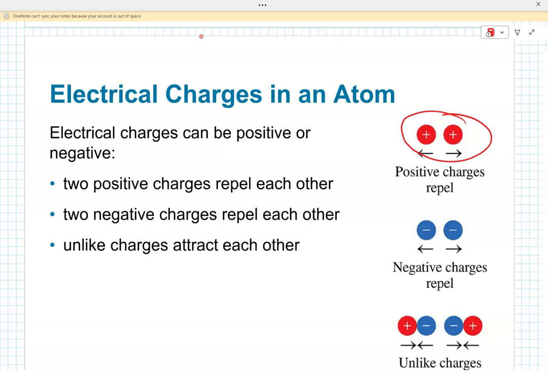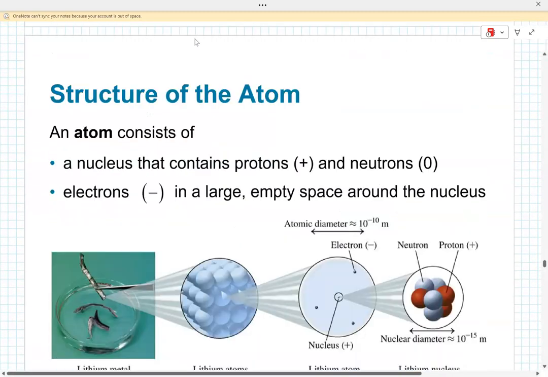Right? Make sense? 2 negative charges are also going to repel, and we have to keep it in mind, because when we're going to talk about chemical bonds and structure of the molecules, we need to remember that charges with the same sign repel each other. Well, unlike charges attract. Right? So far, so good?